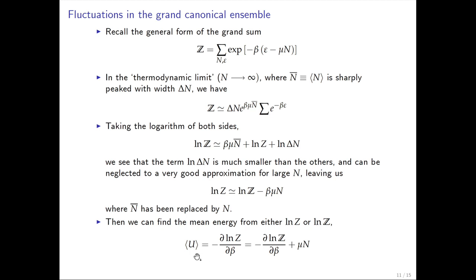The mean energy, capital U, for the system of N, is the negative partial derivative with respect to beta of log Z, which equals minus the partial derivative with respect to beta of log grand partition function Z plus mu N. Okay.